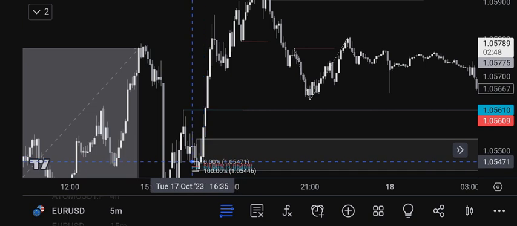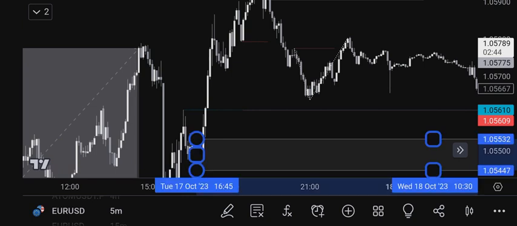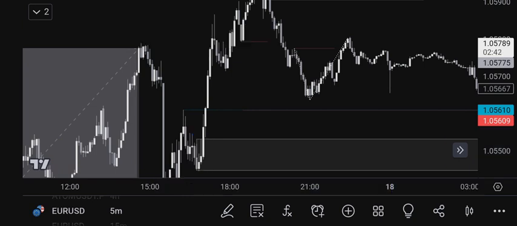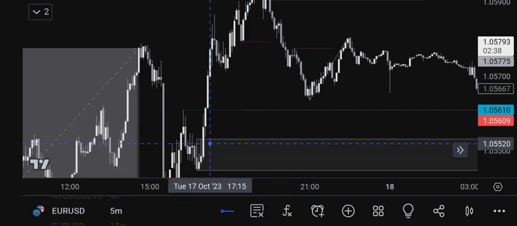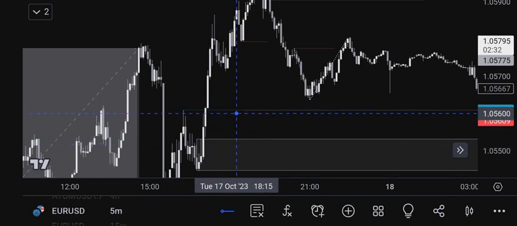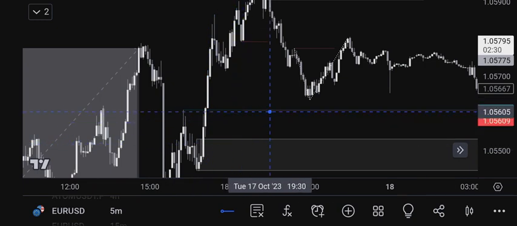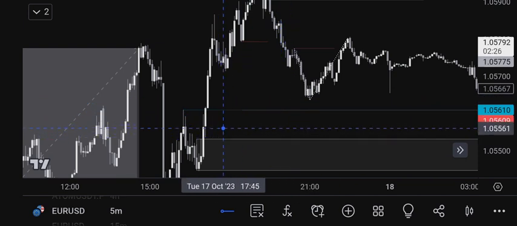Remember that if I'm entering from here, my stop loss will be slightly below this zone, but it's too high for me, so I'll probably use a 3 pip stop loss, or 3.4 max stop loss. But 3 pip is actually okay for me.